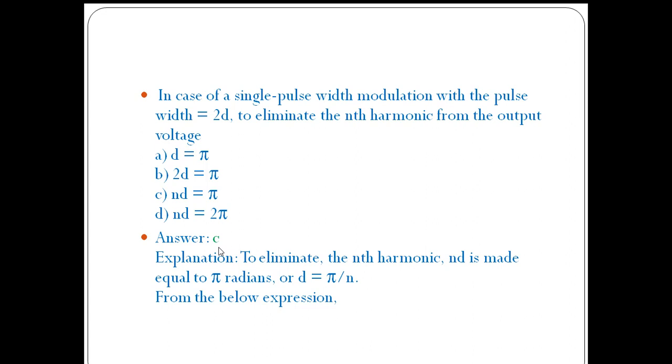So option C. To eliminate the nth harmonic, nD is made equal to pi, so D is equal to pi by n.